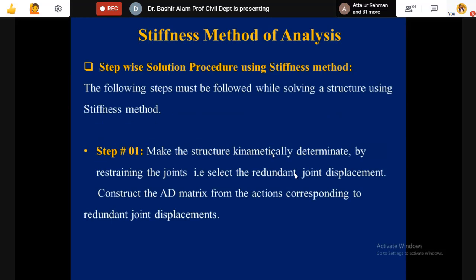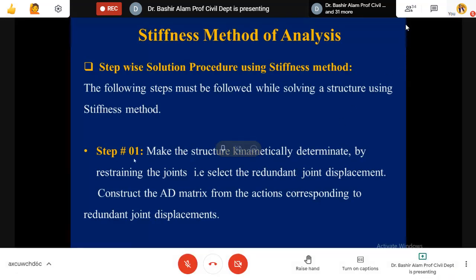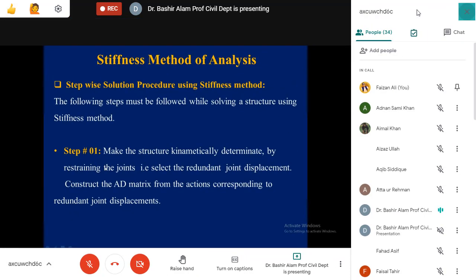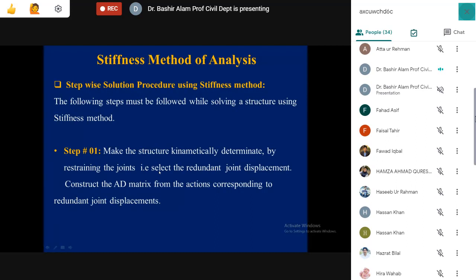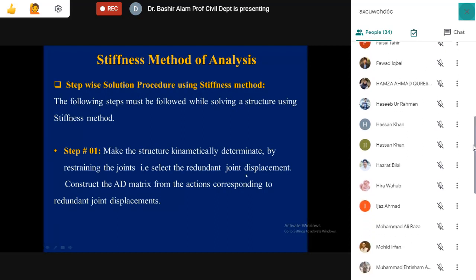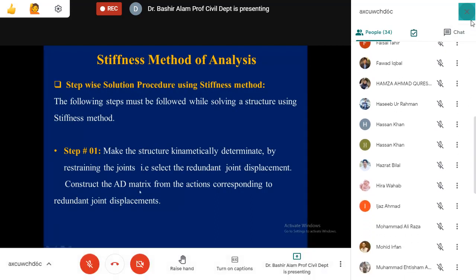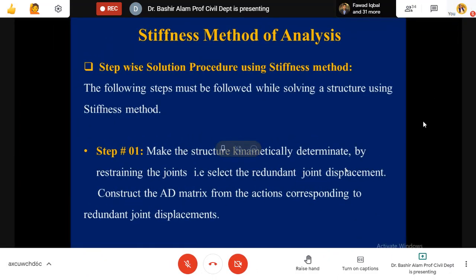Now, the stepwise solution procedure using the stiffness method. The following steps must be followed while solving a structure using the stiffness method. Step 1: make the structure kinematically determinate by restraining the joints, that is, select the redundant joint displacements and construct the AD matrix.